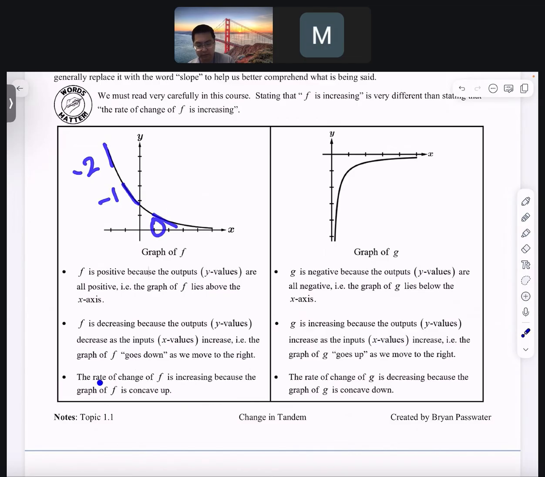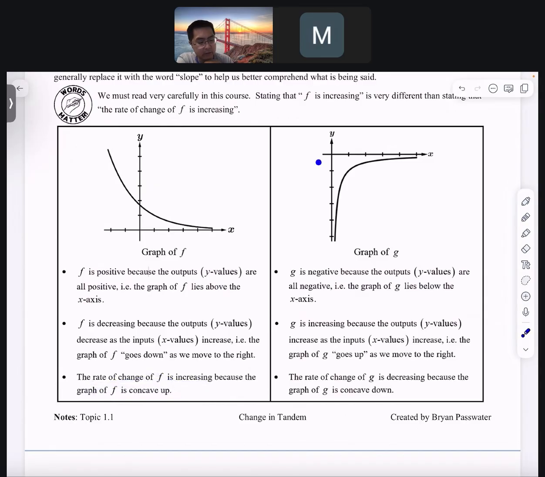So that means the rate of change of f is increasing. And we know that because, as you can see, the concavity is concave up. So this is a concave up case because the rate of change is increasing. Whenever you hear that the rate of change of f is increasing, you automatically should think the graph of f is concave up.